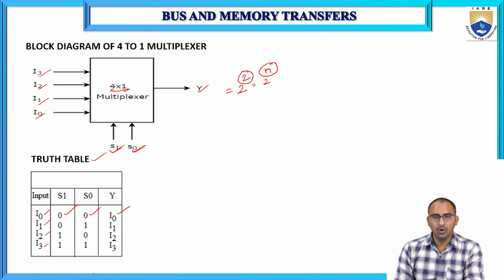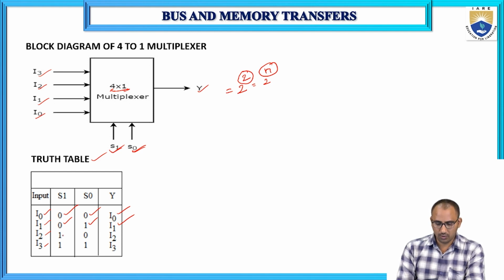At a time, only one of the inputs will be connected to the output. If S1 is equal to 0 and S0 is equal to 1, then the I1 input will be connected to the output Y. Similarly, when S1 is equal to 1 and S0 is equal to 0, I2 will be connected to the output.